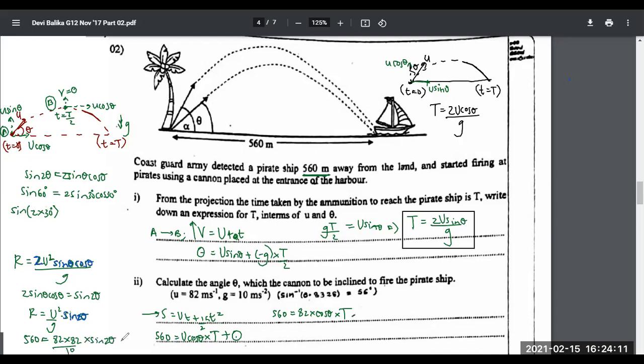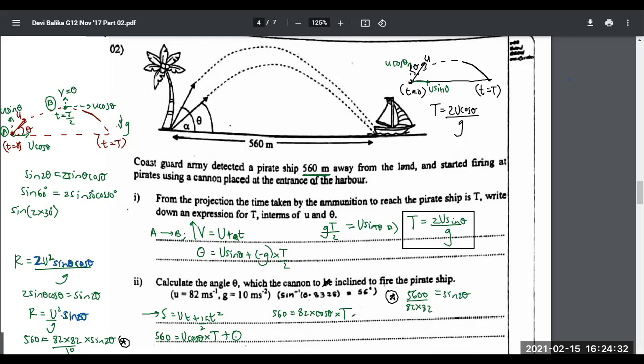theta. Okay, so if I continue, just put a star here and I'll continue the other side. This is star. So I'll continue here. That will be 5600 divided by 82 into 82, and that is actually sine 2 theta.